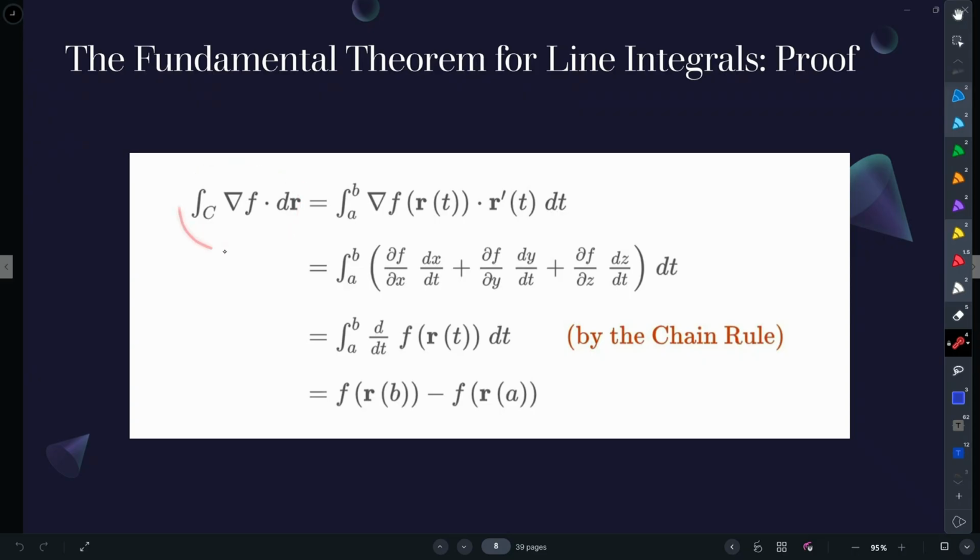So remember what this meant? The line integral of a vector field along that path, if the path is parameterized by r of t, was the integral of the gradient evaluated at the path times the derivative vector, where times is the dot product of the two, dt.